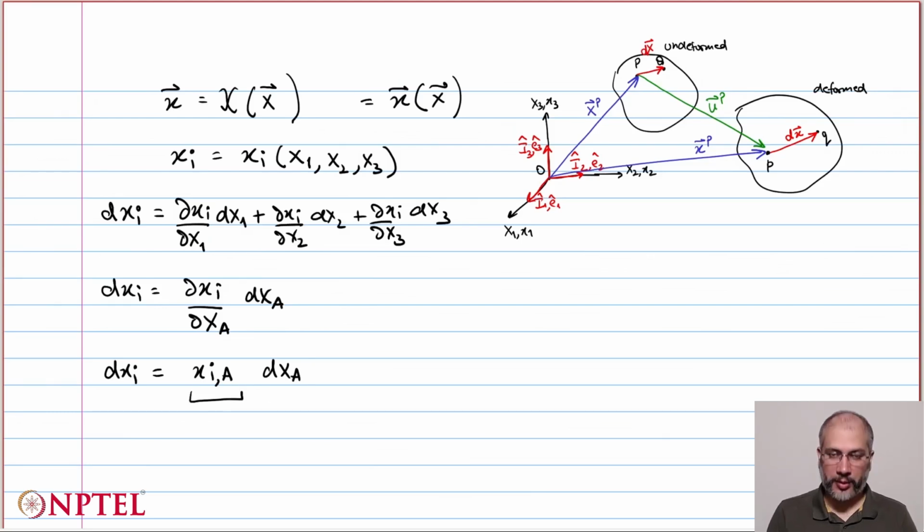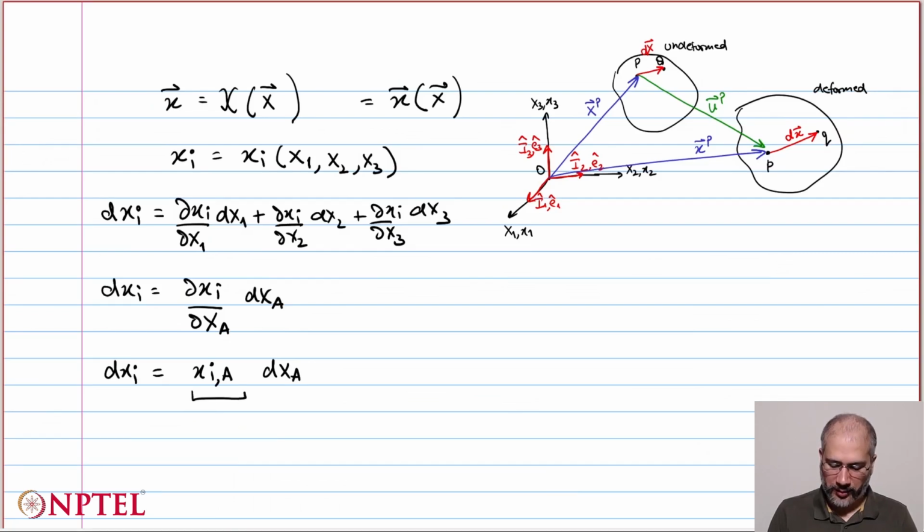And now you see the power of using small and capital indices, that this xi comma A clarifies the fact that this is partial by partial capital XA, because capital indices are used for capital X's, and on the top we have a small xi.